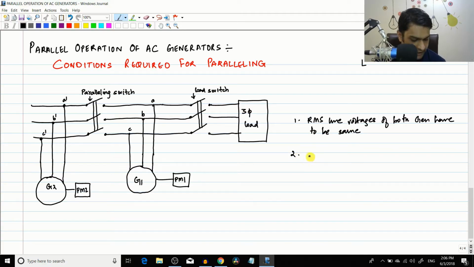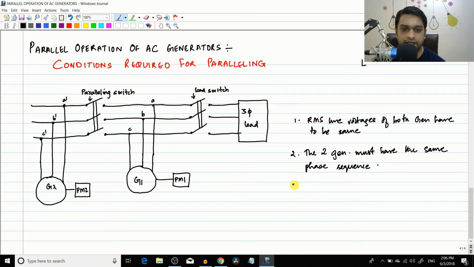The second condition is that the two generators must have the same phase sequence. I think you should know what a phase sequence, a phase, and a phase angle are. These are all prerequisites to this course on AC machines, basic AC fundamentals.